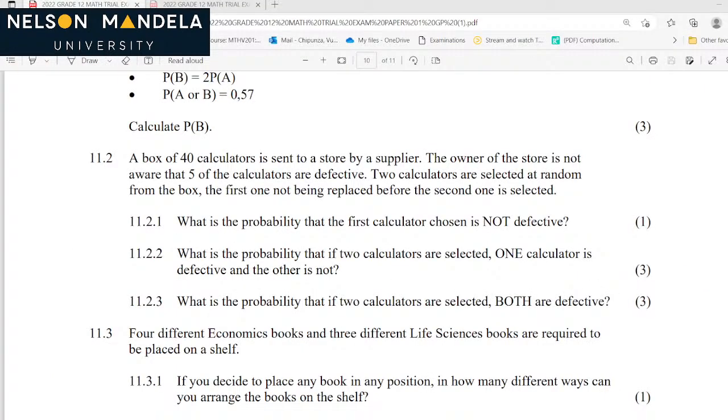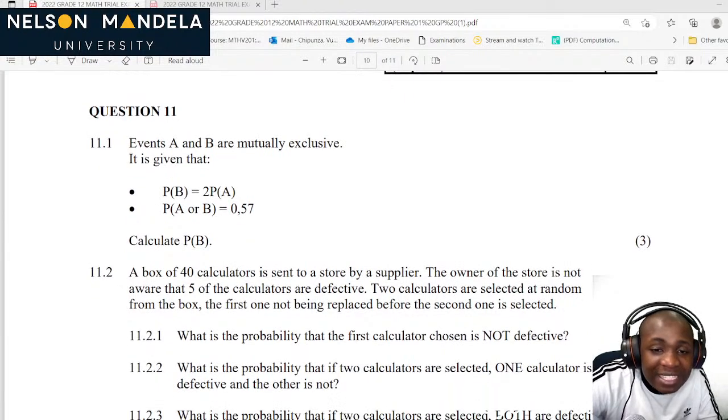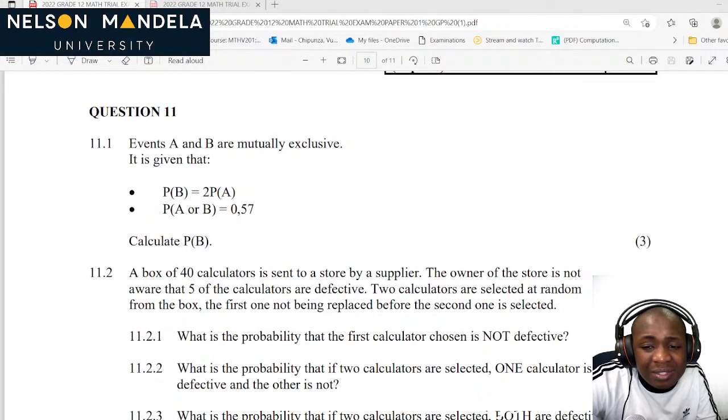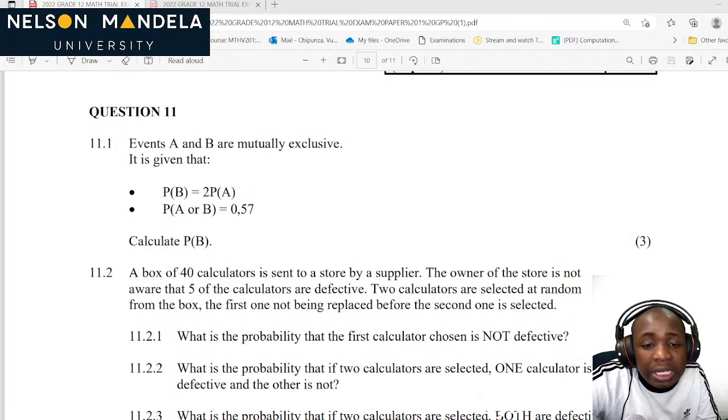Events A and B are mutually exclusive. It is given that P of B is equal to 2 P of A. P of A or B is equal to 0.57.